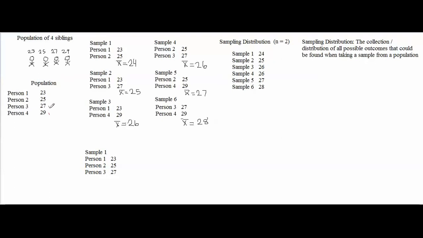So this time we're going to be leaving out person 3 instead of person 4, which means the next possible sample will be person 1, person 2, and person 4. Their ages are 23, 25, and 29.